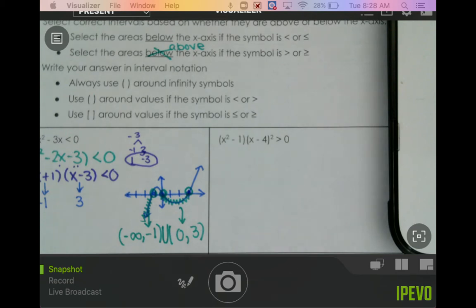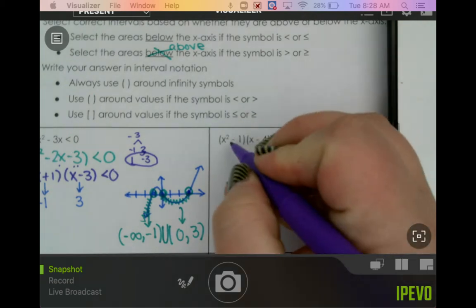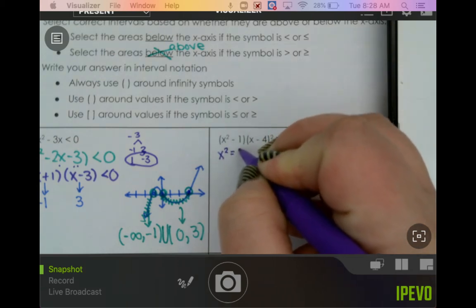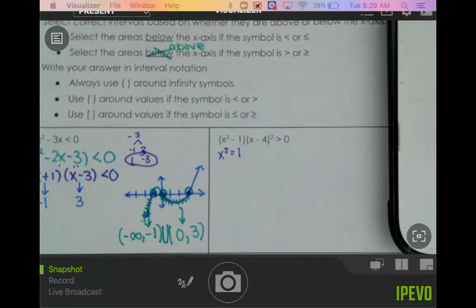That, and if you want this to equal 0, that means x squared has to equal 1. Not just x, but x squared because there's an x squared on the inside. What are my zeros going to be coming out of that? Or what do I have to do to find my zeros now? Yeah, square root.